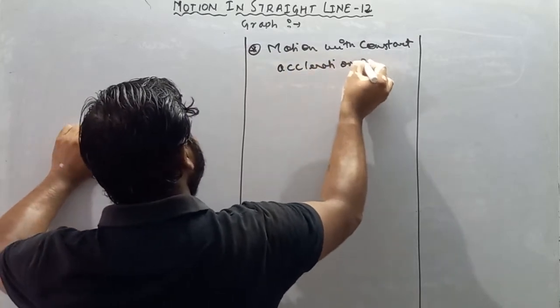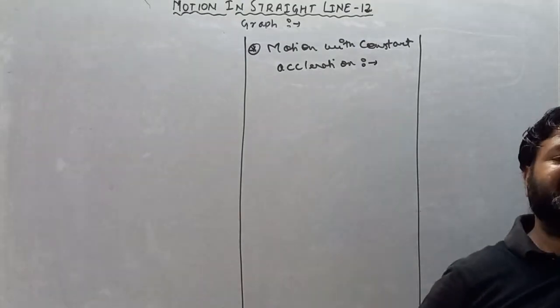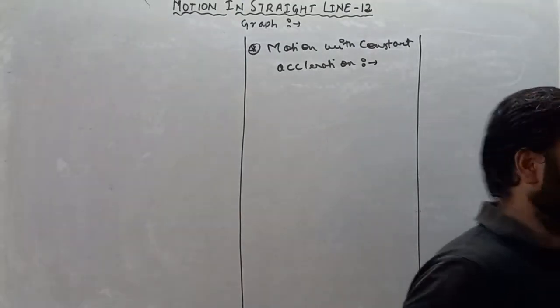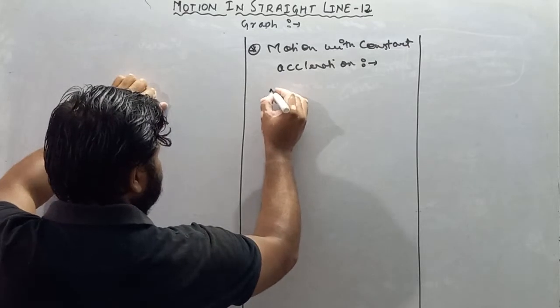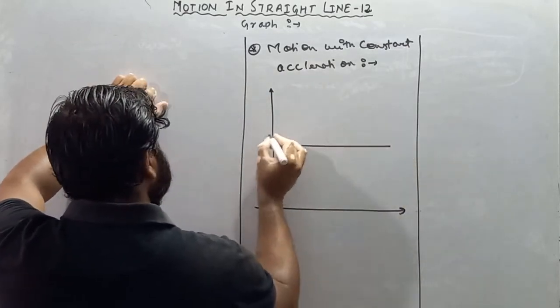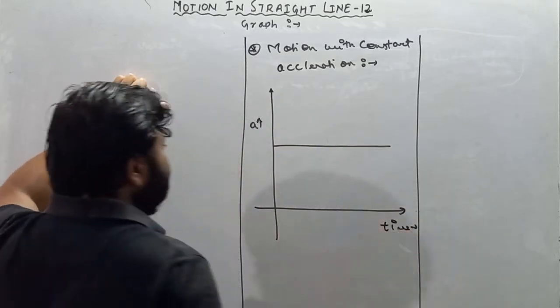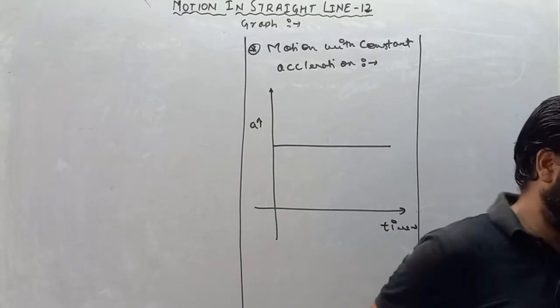Let's suppose a particle is moving in such a way that its acceleration is not changing. Let's suppose we have a particle which is moving in such a manner that its acceleration is not changing. Here I am making a graph of acceleration versus time.